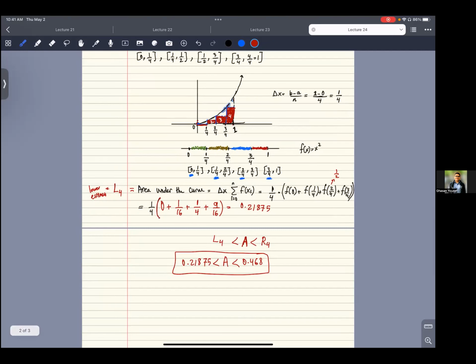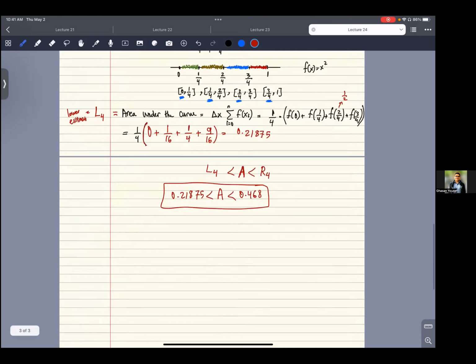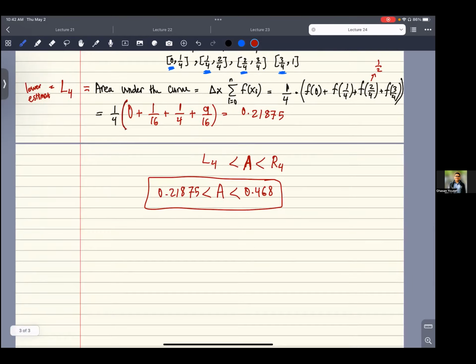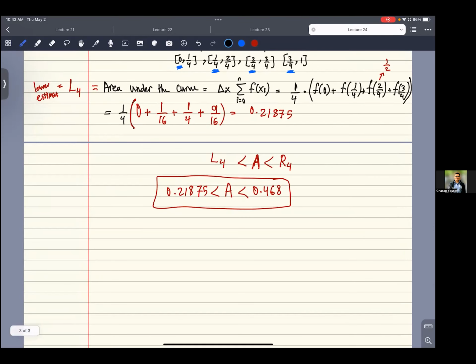So when n goes to infinity, for example, it gives me exactly the area. What's the value of the area? Make sense? Here I used n equals 4. If I use n larger and larger, I'm sure I'm going to get a more accurate answer. So I'm going to give you a small table to show you exactly what happens when n is larger and larger.